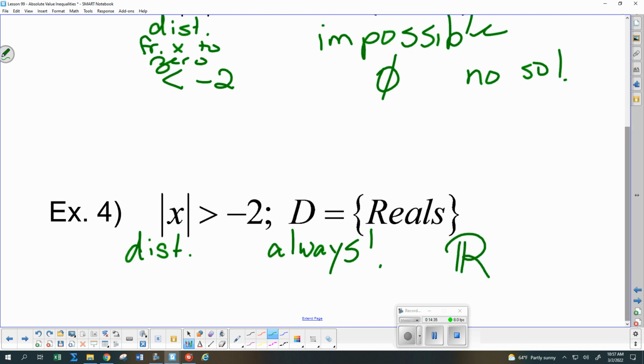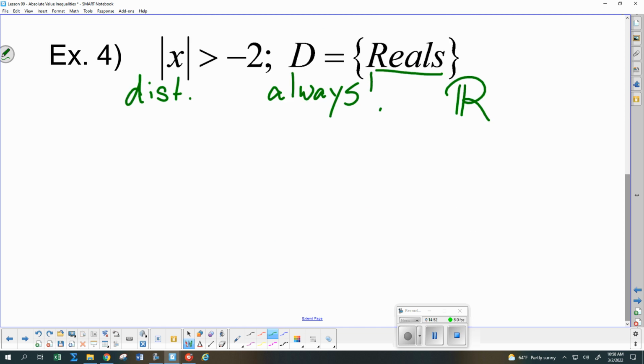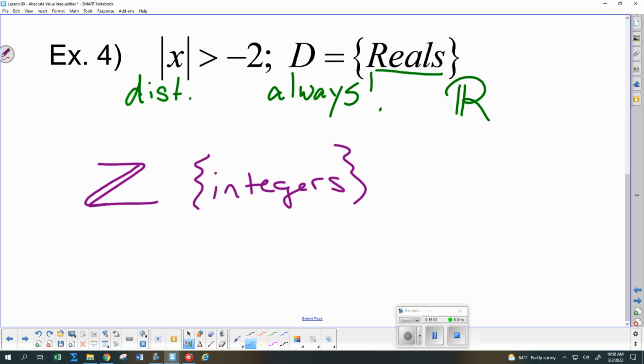So our solution would be all real numbers, and that's an abbreviation that we can use for all real numbers, that double-sided R. Does that make sense to everybody? Because sometimes that'll save you a little bit of writing. While I'm talking about abbreviations, I'll give you a couple more. A double-barred Z is the set of all integers.